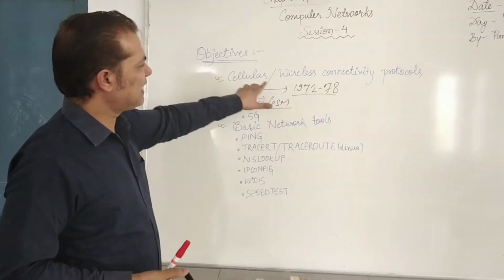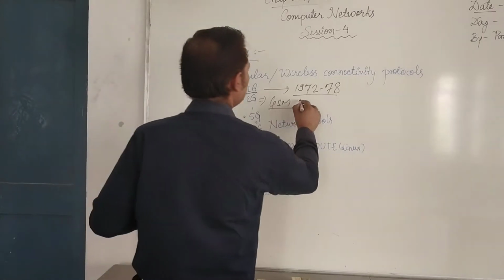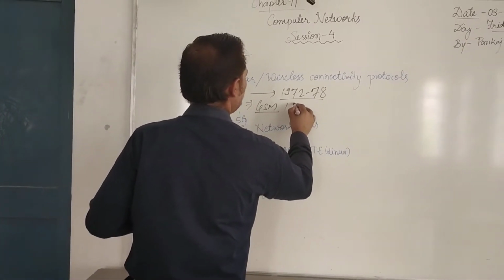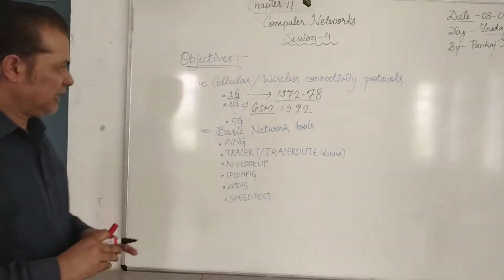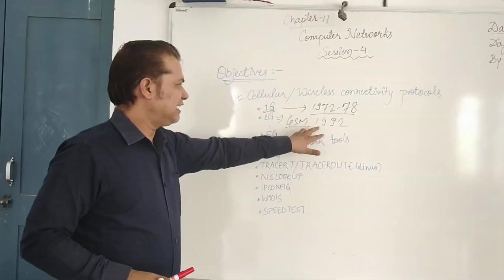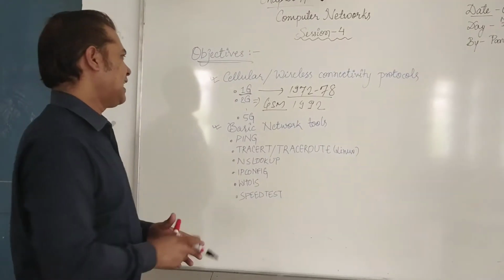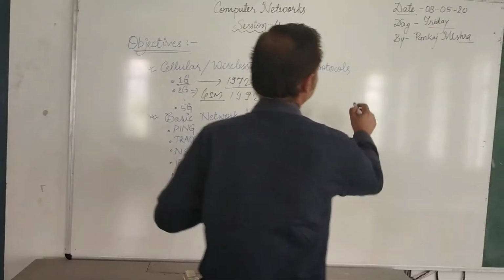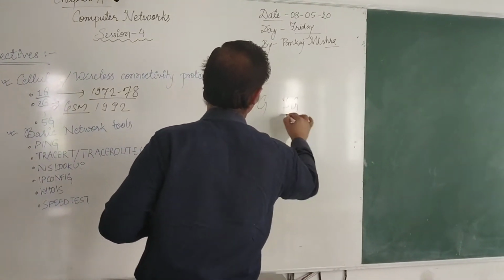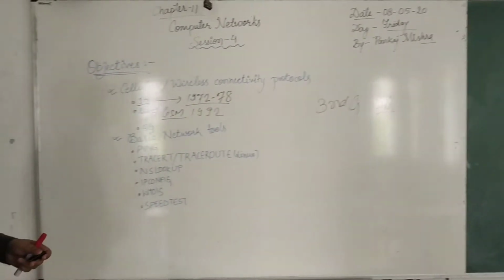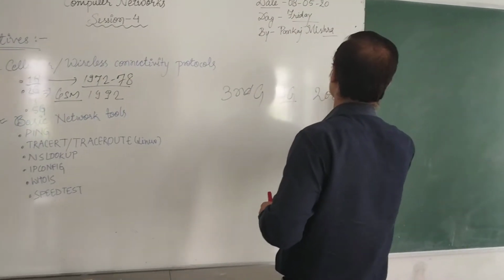Now this is 1972 to 78, and 2G you can say 1992. So in the year 1992 the second generation's evolution happened. Then come to the third generation, or simply 3G. 3G mobile technology came in the year 2000.